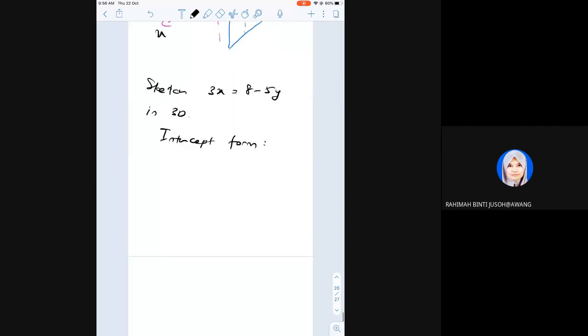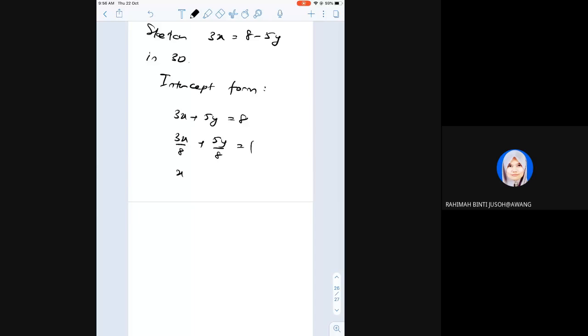We use the intercept form from just now. So we move all the variables to the left hand side. We have 3x plus 5y equals to 8. Okay, so we will have 3x over 8 plus 5y over 8 equals to 1. By using intercept form, make sure everything sits at the bottom: x over 8 over 3 plus y over 8 over 5 equals to 1.